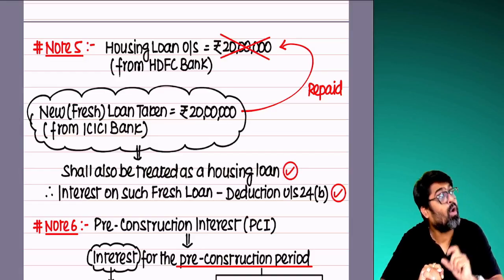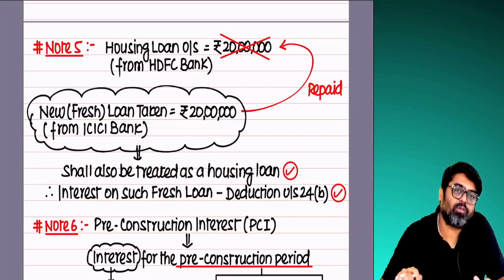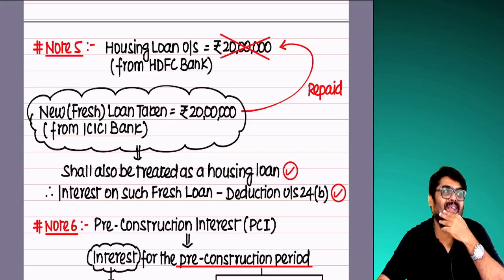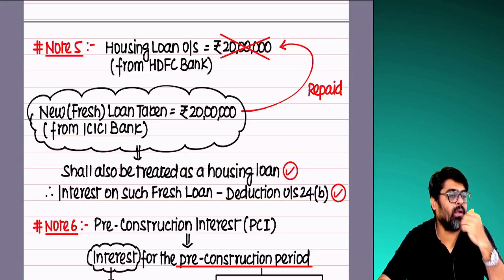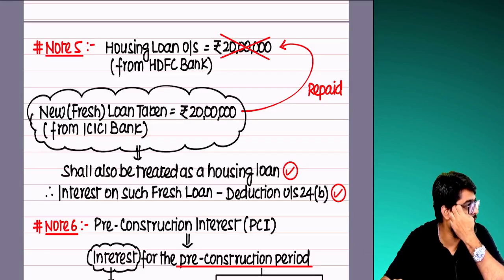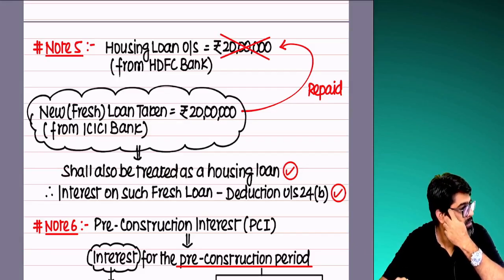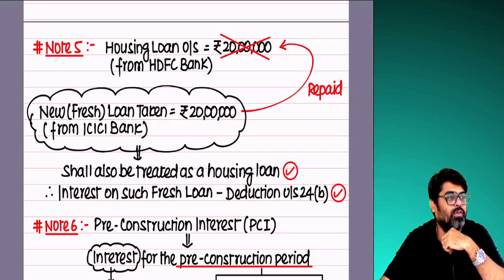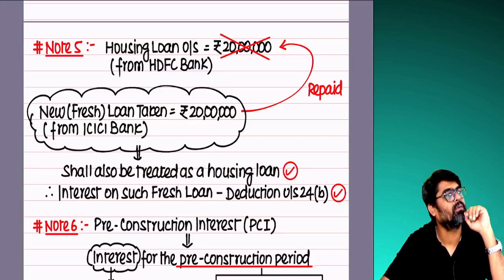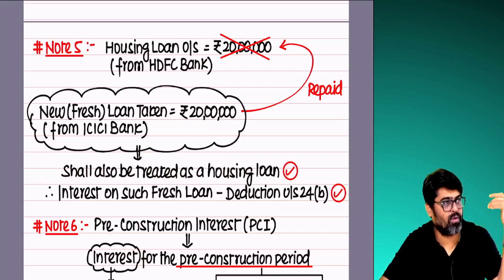Yes or no? On that housing loan, I was paying interest at the rate of 12%. In the morning I saw in a newspaper advertisement from ICICI Bank that housing loans are available at only 10%. So just imagine, I have already taken a housing loan from HDFC. Right now or in the past, I have been repaying that loan.